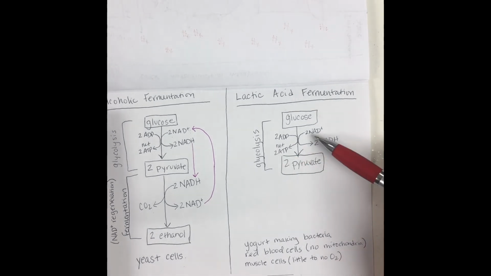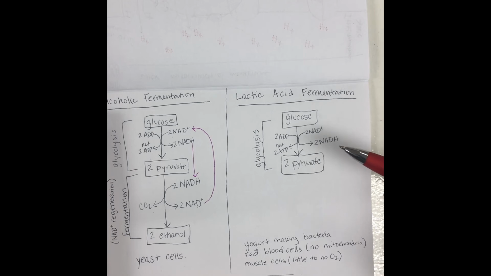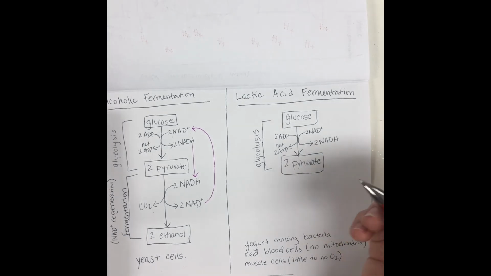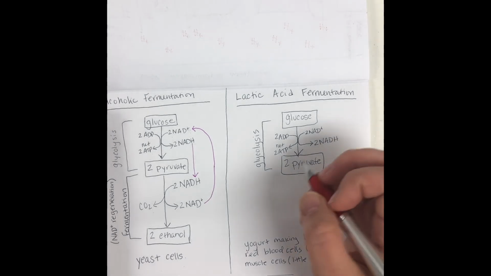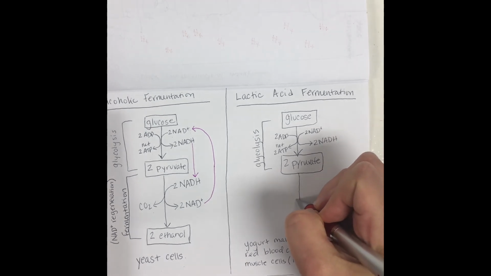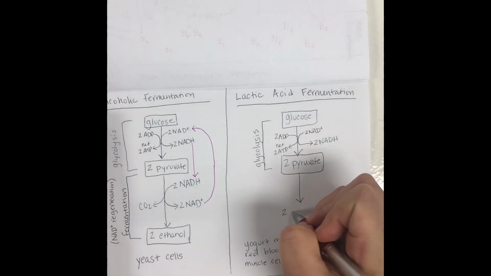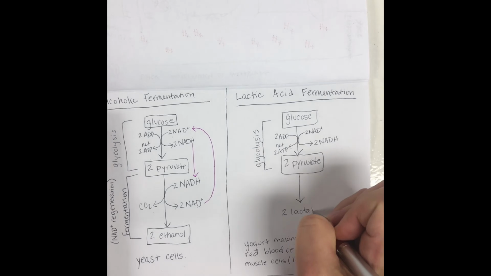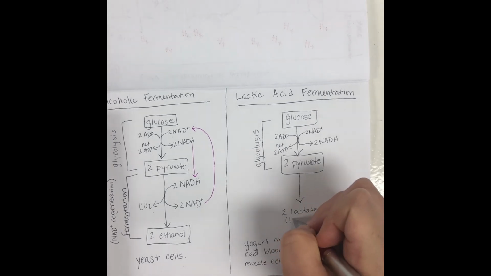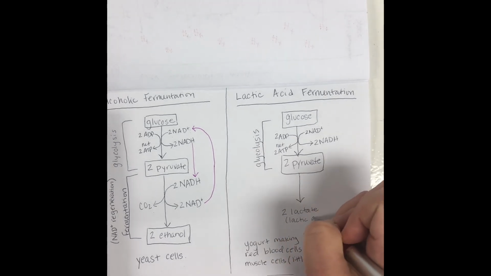So we've done the glycolysis, and we're in an organism with no mitochondria, or we have little to no oxygen, okay? So what we're gonna do is we're gonna go from this pyruvate, and we're gonna make 2 lactates. Lactates are also known as lactic acids.